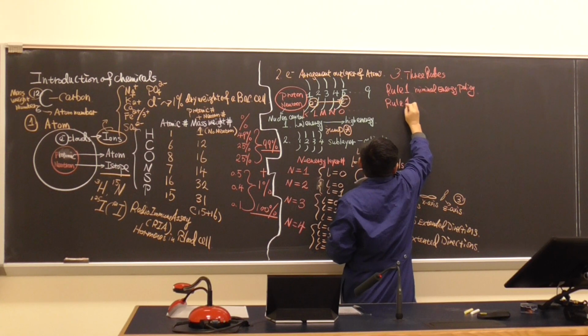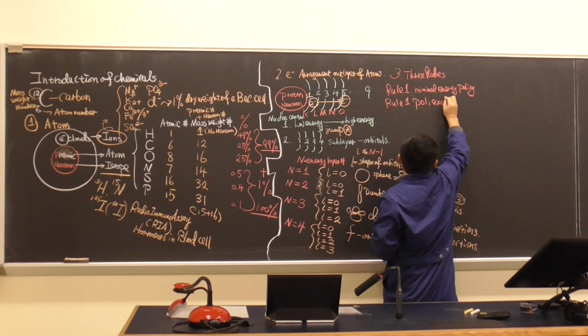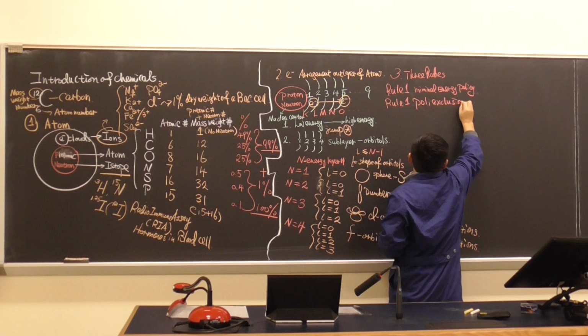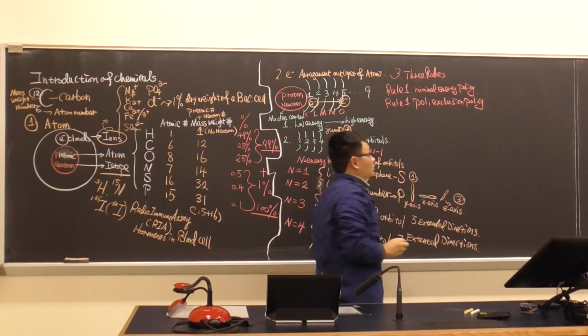Rule number 2, Pauli exclusion policy. What does this mean?